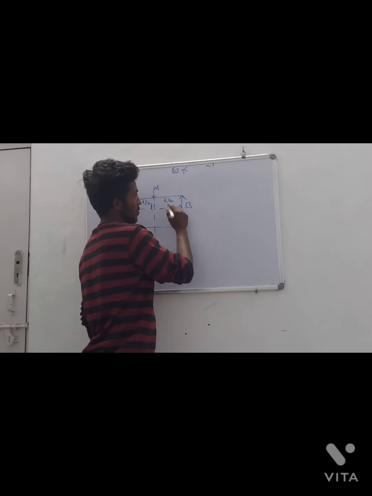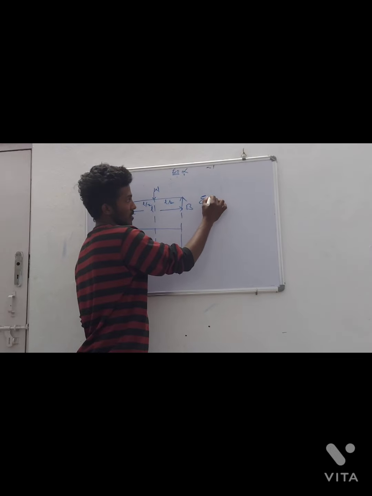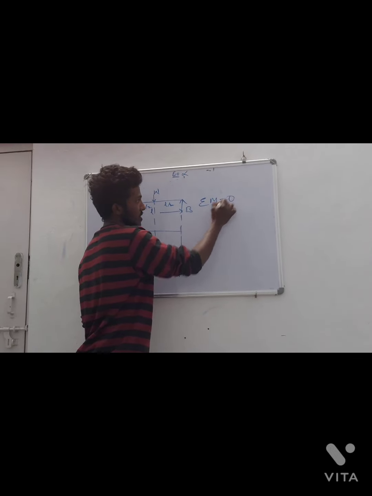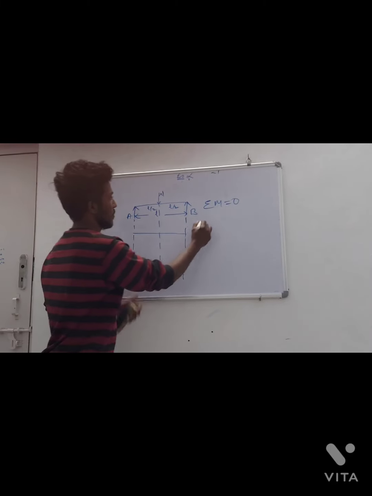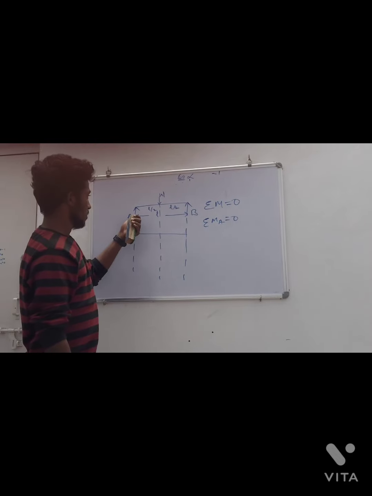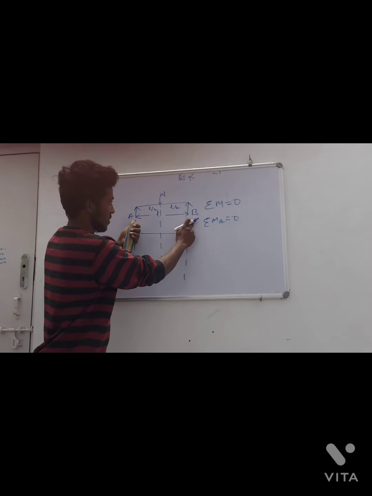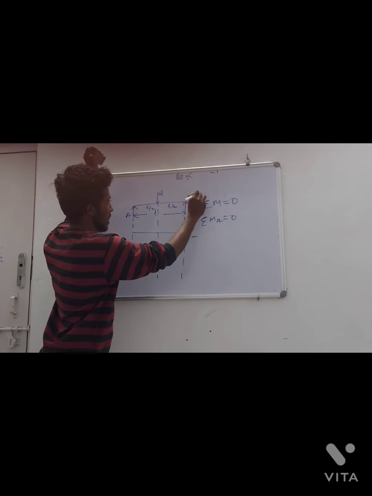So to calculate the support reactions, we have to apply the condition that the summation of bending moments is equal to 0. Applying summation MA equal to 0, at A equal to 0, I am considering the moment at A. Minus RB into the total distance L, because it is going anti-clockwise.